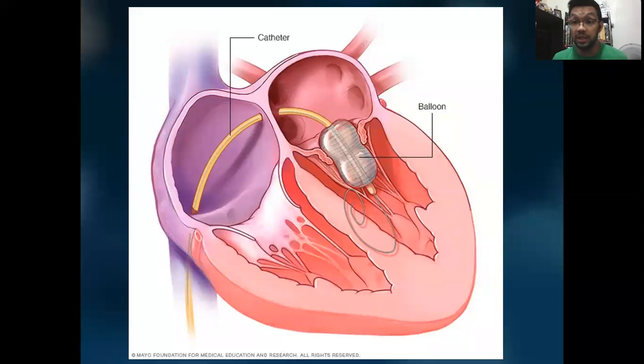It's a balloon-tip catheter, by the way, wherein they insert it and inflate the balloon at the site of stenosis, let's say, for example, the aortic valve. If it is successful, then surgery or open heart surgery may not be needed.